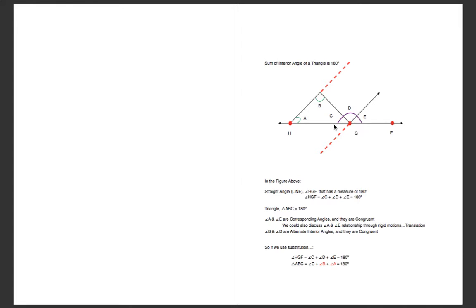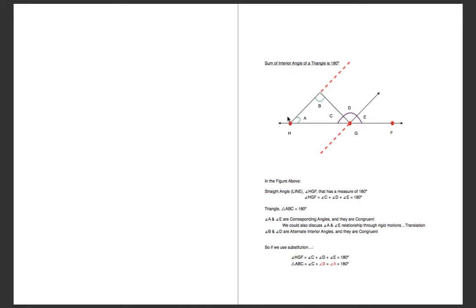Students may not automatically know that the sum of interior angles of a triangle are 180 degrees, but they do know that a straight line has a measure of 180 degrees, and they can use the three angles that comprise the straight angle to demonstrate or prove the theorem that the sum of interior angles of a triangle is equal to 180 degrees.